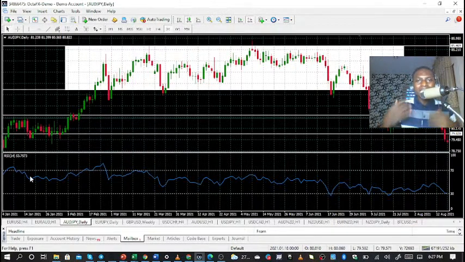Now, the relative strength index measures the strength of the market. Are the bulls having more strength, or are the bears having more strength? Is the bull more strengthened or the bear more strengthened?